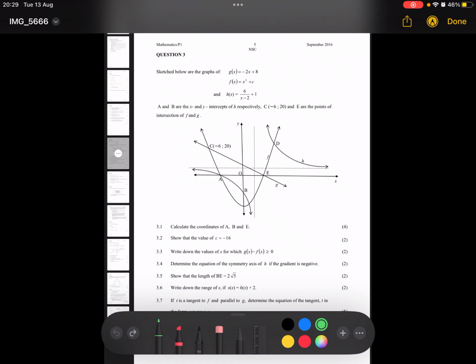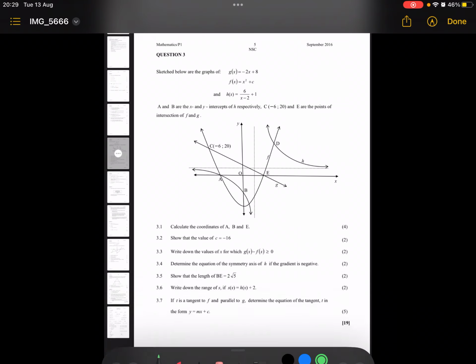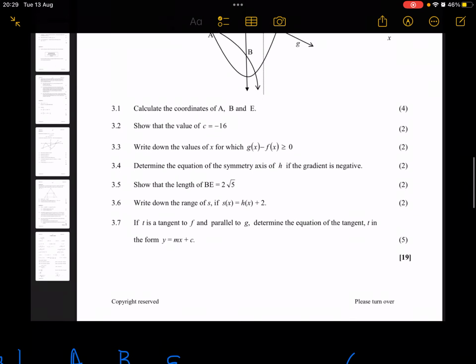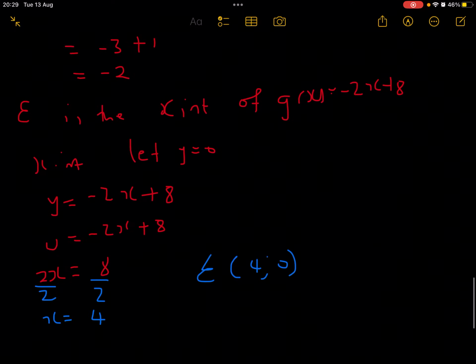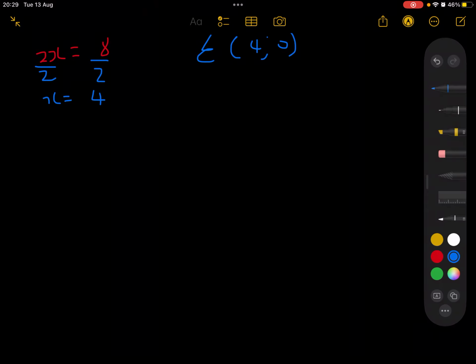Right, now let's go back. The graph of f in 3.1.2 is given by x squared plus c.